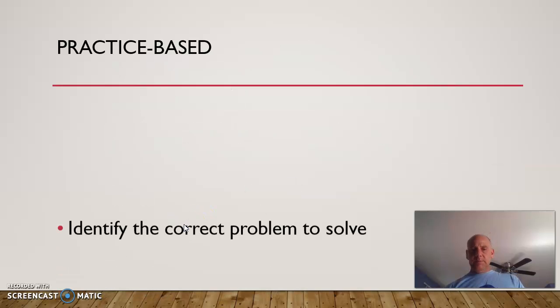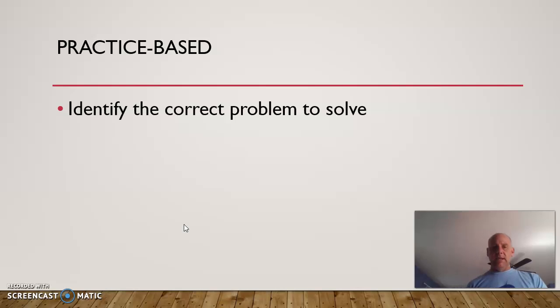So practice-based. In this case, again, we have to identify the correct problem to solve. The starting point for most of these is that we have to recognize that there's a problem, that there's an issue. In this case, it suggests that while we can recognize that there's a problem, we have to make sure that we accurately identify the correct problem.